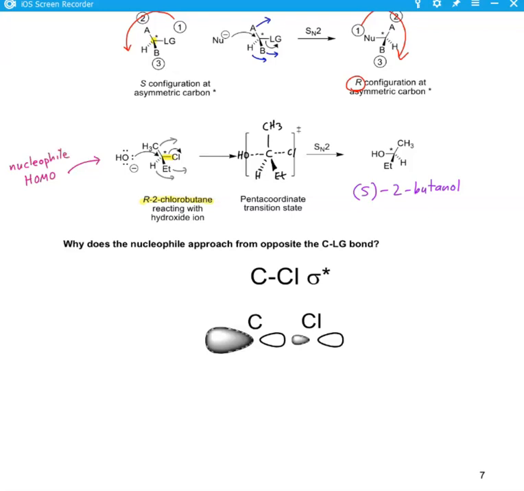And in this case, we can think of it as either a non-bonding molecular orbital, or we can just call it an sp3. Either way, what we're looking at is what is the orbital that contains the lone pair that's doing the attacking. Okay, so the HOMO is an sp3 orbital. So let's, down below, draw a picture of that. So here's an sp3.